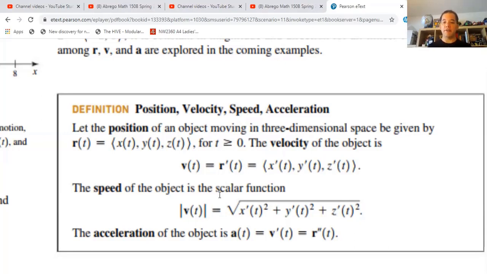The speed is just a number, it's not a vector, and that's how big that velocity vector is, which means take the magnitude of the vector that you see right here on top, which is the square root of x prime squared plus y prime squared plus z prime squared. And then the acceleration is simply the derivative of the velocity. All right? So let's take a look at an example.